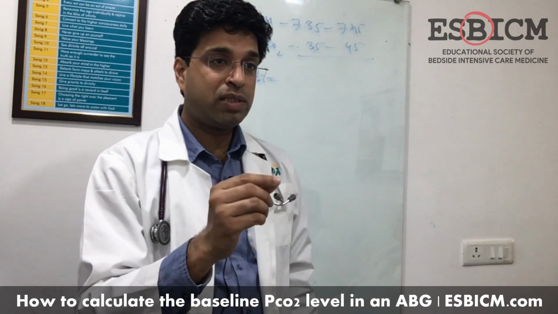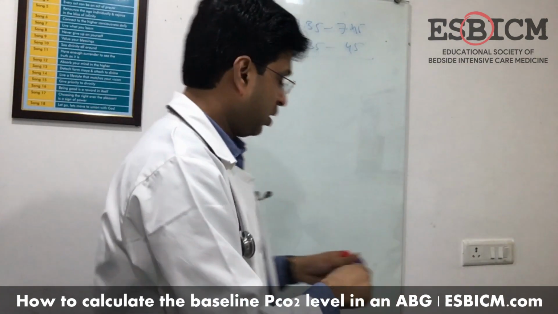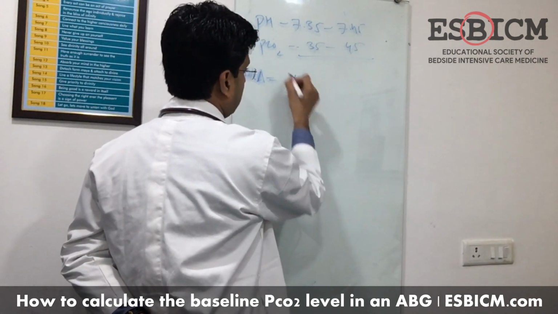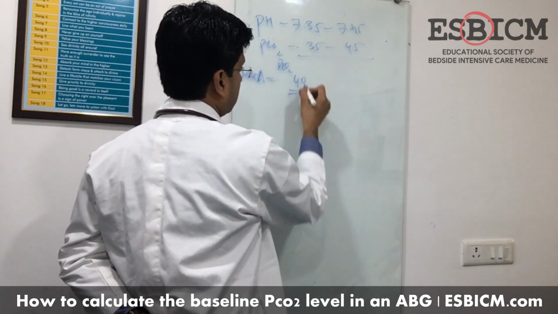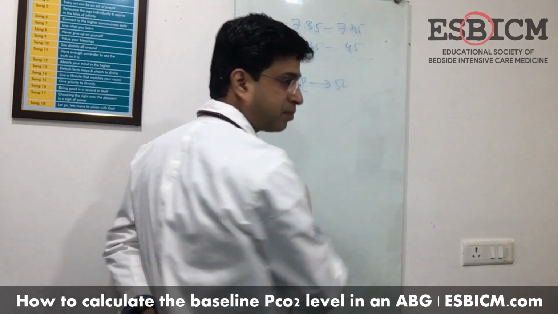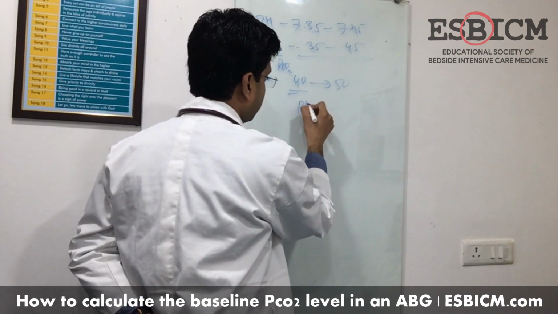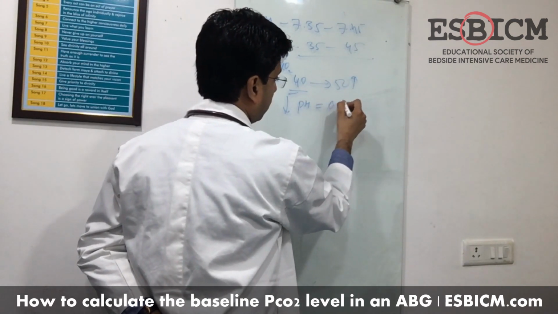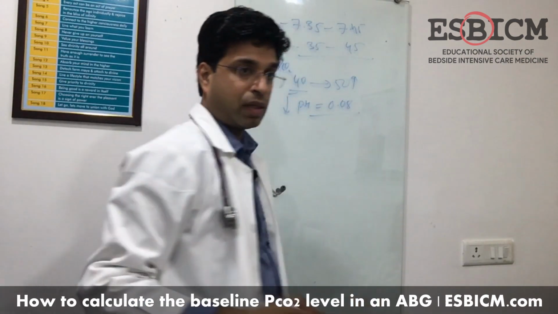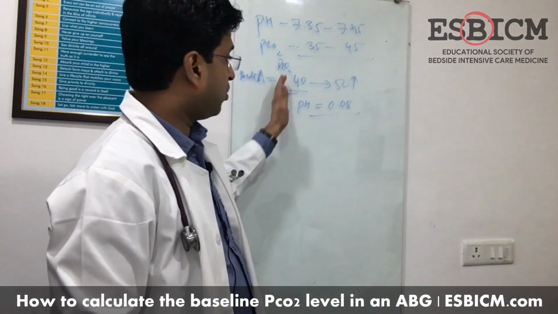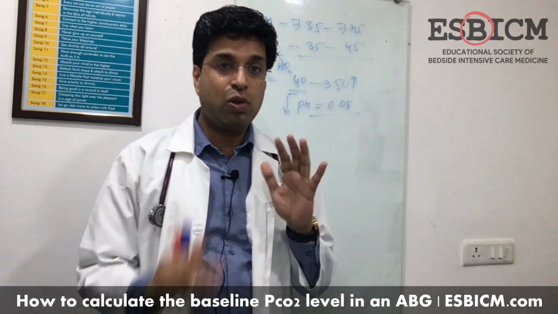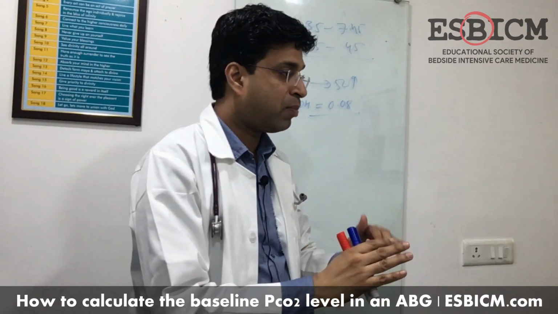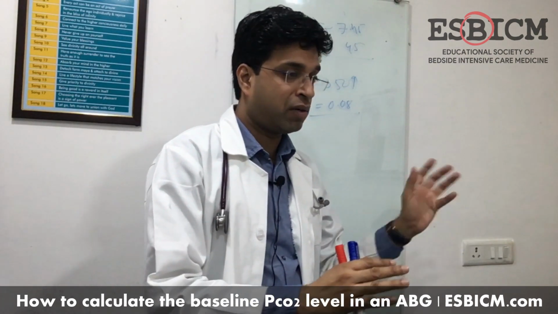So how much will be the change? 0.08. Suppose your PCO2 level changes from 40 to 50, how much will the pH change? PCO2 increases, the pH will fall by 0.08. So you need to understand this concept: any acute change in the PCO2 level of 10 changes the pH by 0.08 in the respective direction.